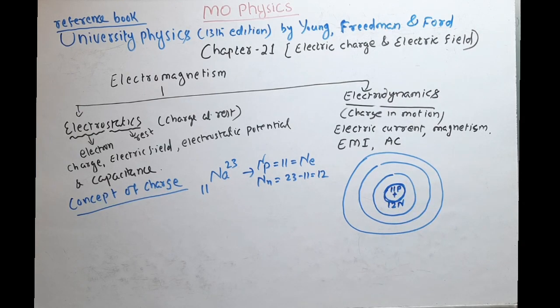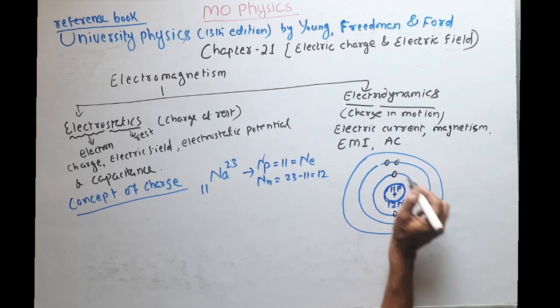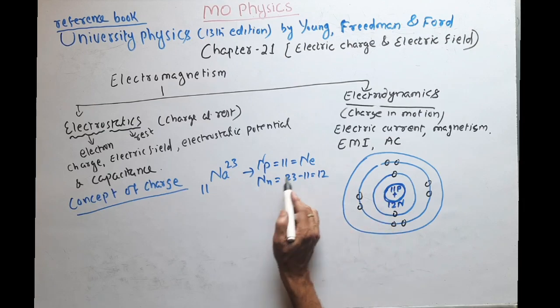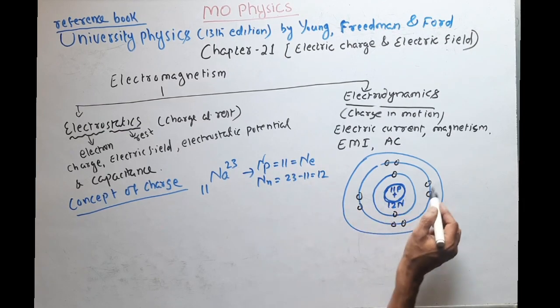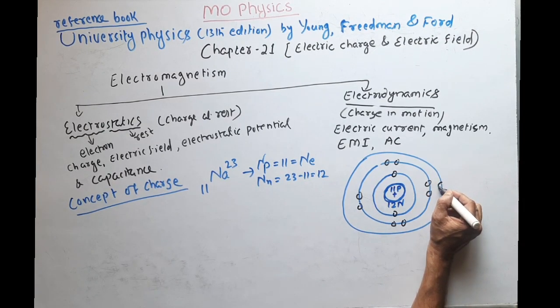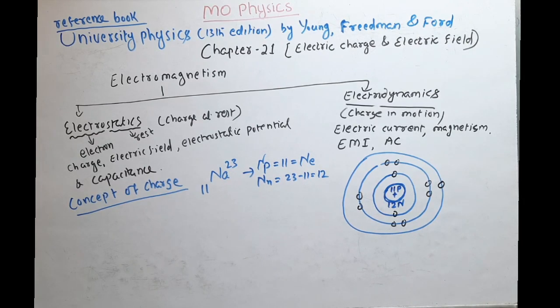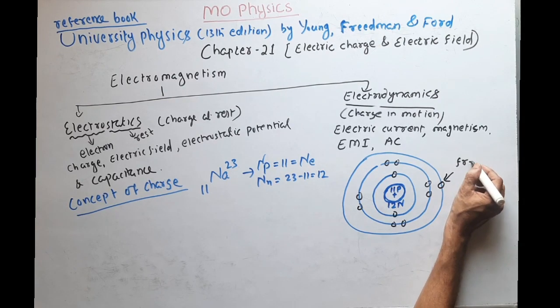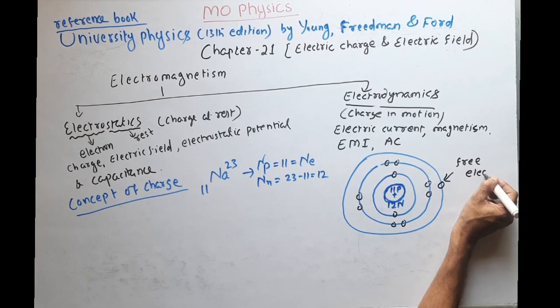In the first orbit the number of electrons is 2, in the second it is 8. There are 11 electrons in total, and 2 plus 8 is 10, so the outermost orbital electron is 1. This outermost orbital electron is called a free electron.